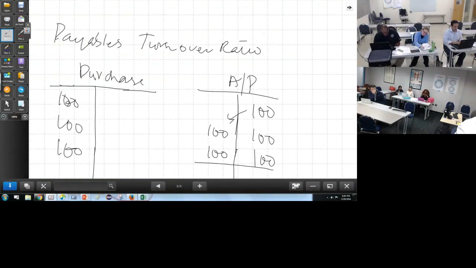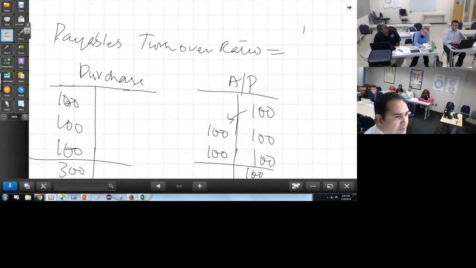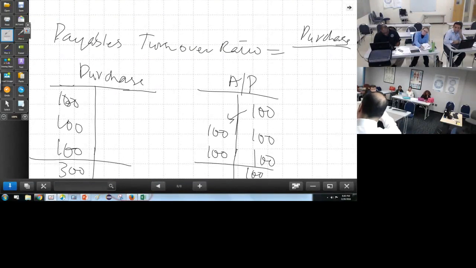So what is the balance in the accounts payable? $100 credit. And what is the balance over here? $300. Again, the ratio is purchases divided by payables. Is that cost of goods sold for purchases?